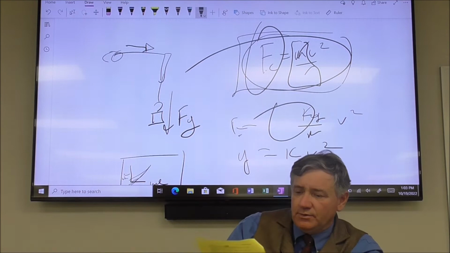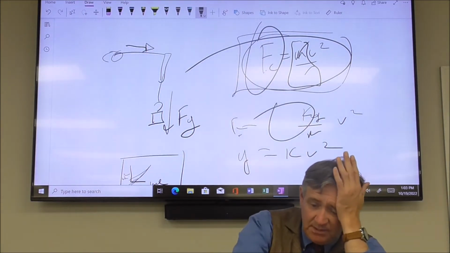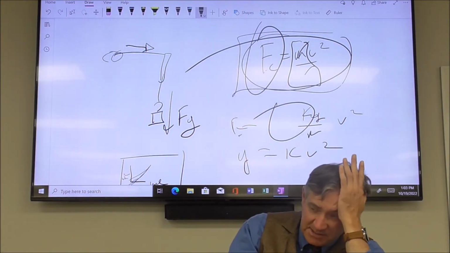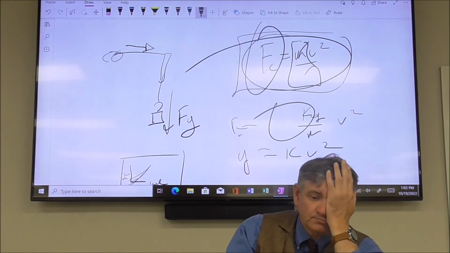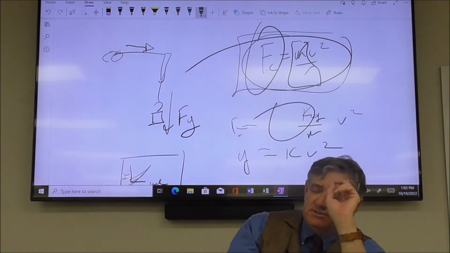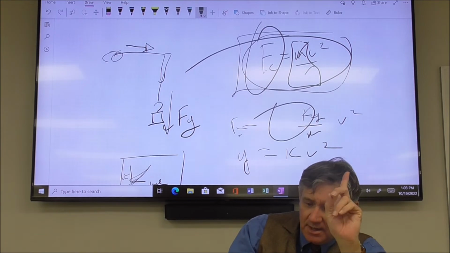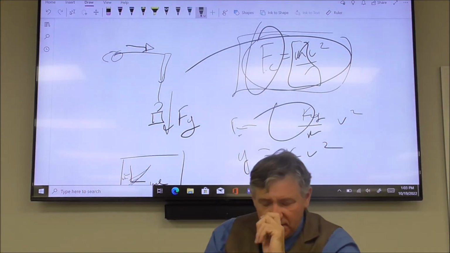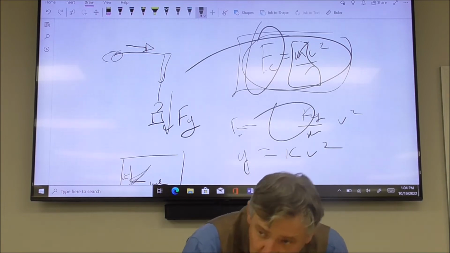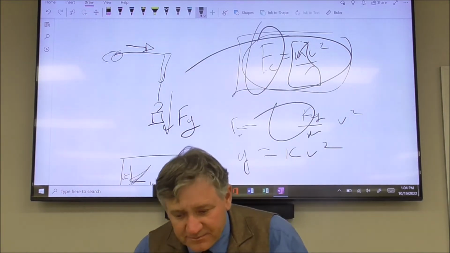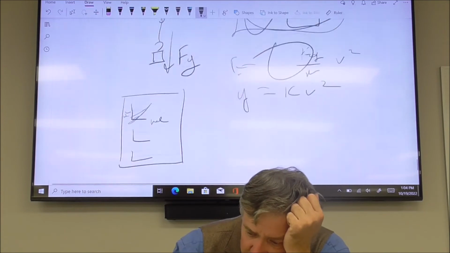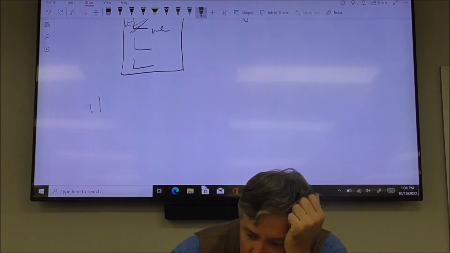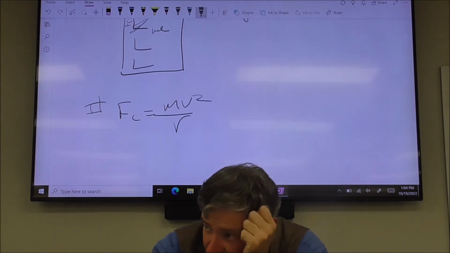When you get to question number 13, now we're going to see how good your data actually is. You're going to go to trials 4, 8, and 12, only these 3 trials, not all 12. On trial number 4, you're going to calculate centripetal force by this equation, mv squared over r.